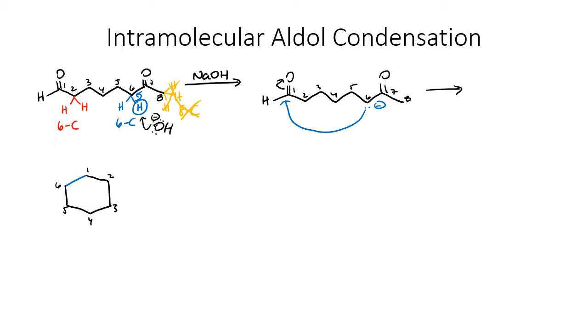Now also attached to carbon 1, we have our oxygen that now has the negative charge, and we have a hydrogen. Attached to carbon number 6, we have our ketone. So you always want to make sure to draw in all of the components of the molecule. So at this point, we will protonate our oxygen with water.